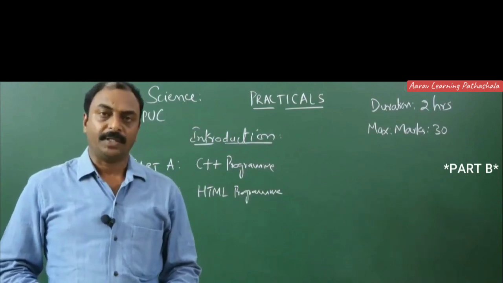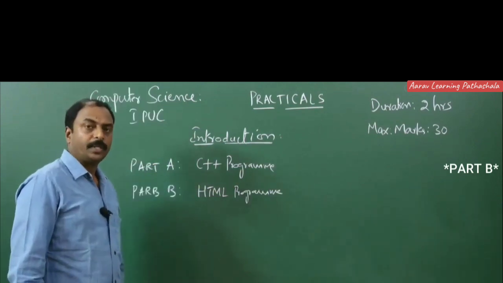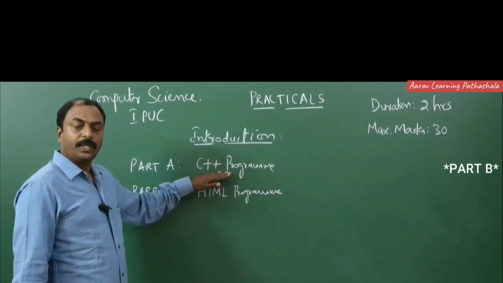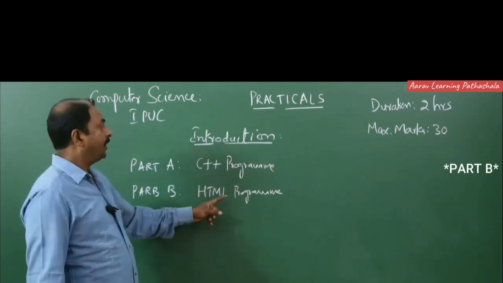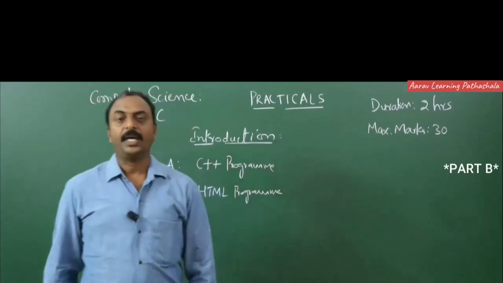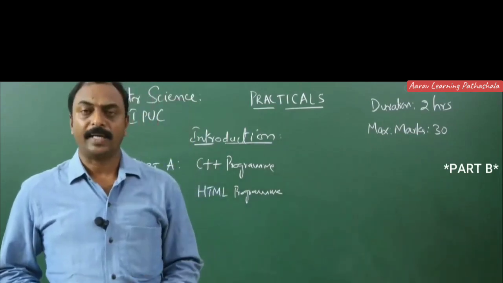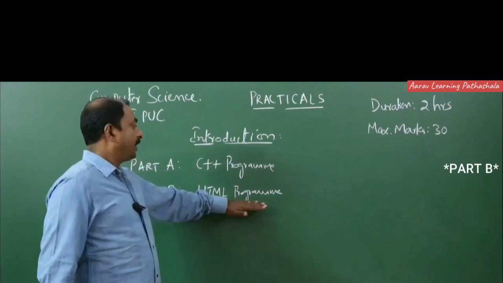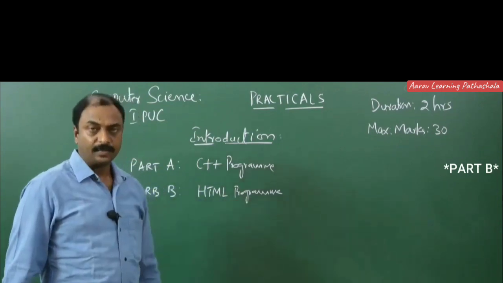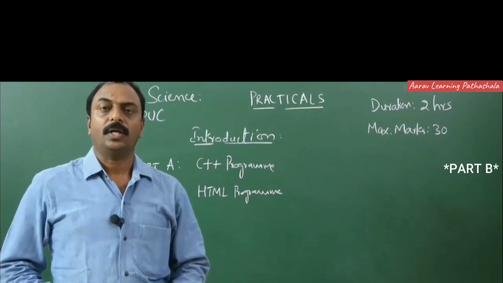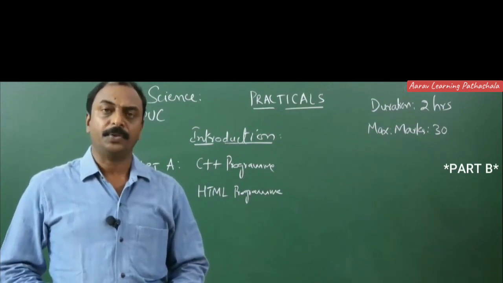In the final examination, students will be given two questions. One is in part A and another is from part B. And students at the beginning, he has to write both the programs in his answer booklet. After writing the two programs in the answer booklet, he has to start typing the program in the computer.